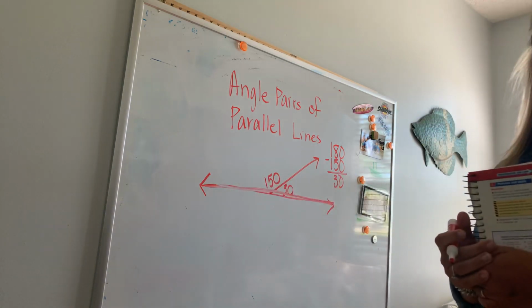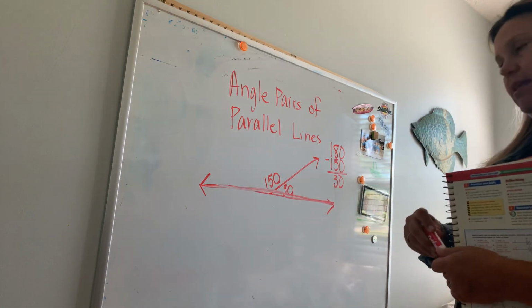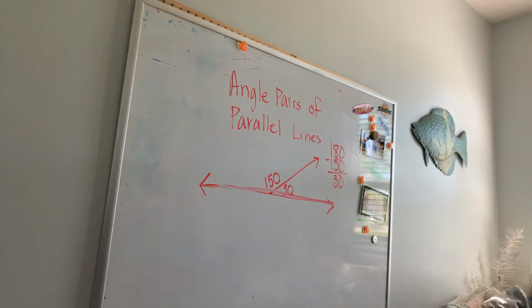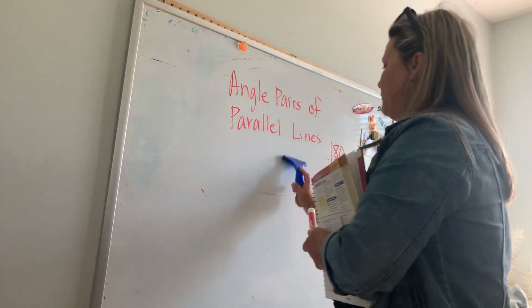If you know one piece of it and it's turned into an angle, then now you can just subtract it from 180. So that is important because when we have parallel lines, we want to keep that in mind.